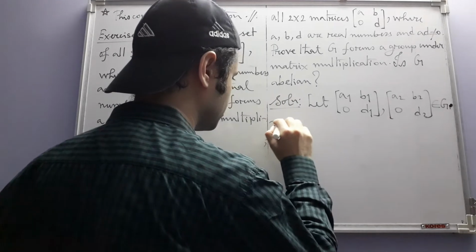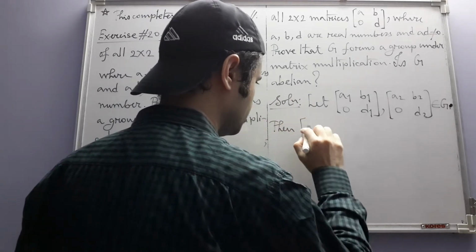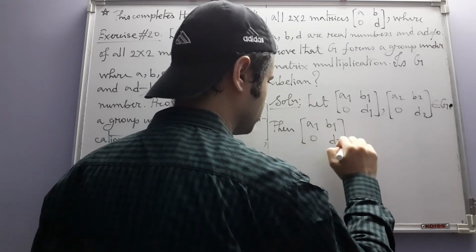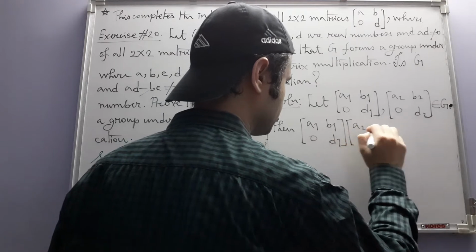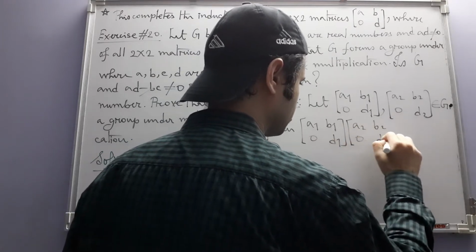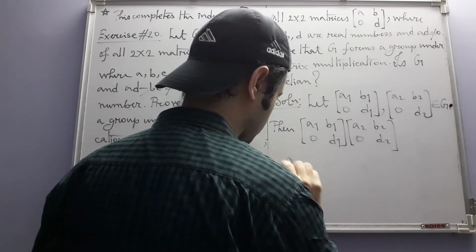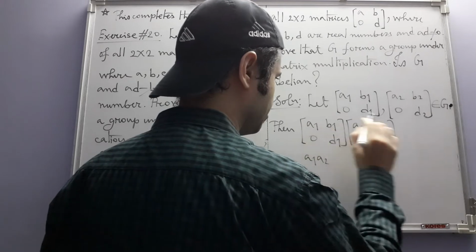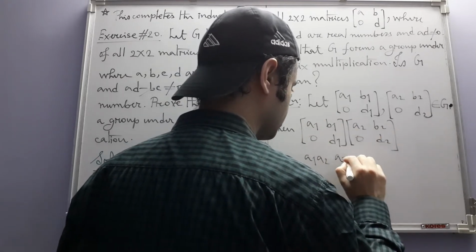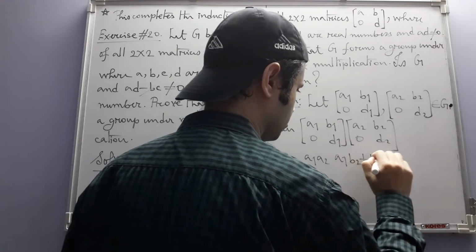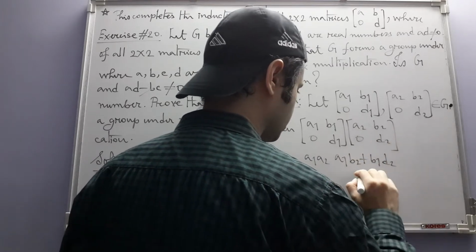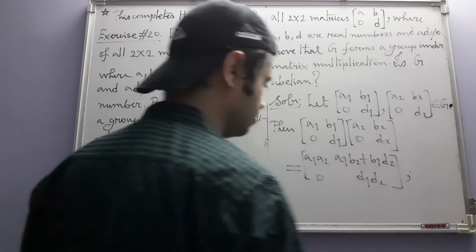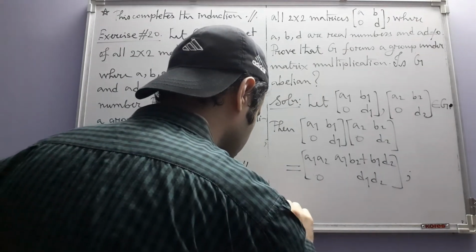Okay, then what is their product? It is (A1 A2, A1 B2 plus B1 D2, 0, D1 D2).